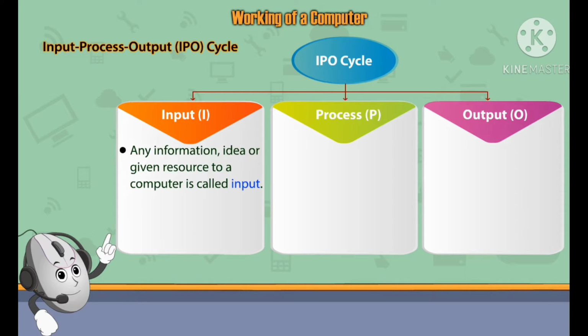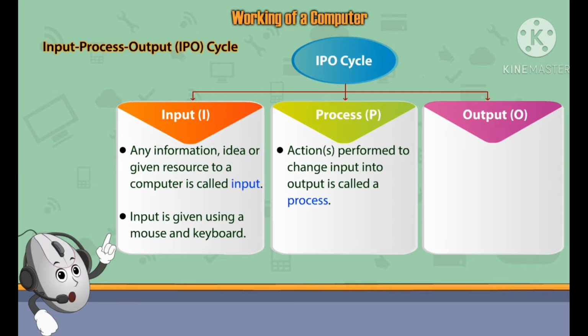Input, I. Any information, idea or resource given to a computer is called input. Input is given using a mouse and keyboard. Process, P. Actions performed to change input into output are called a process.